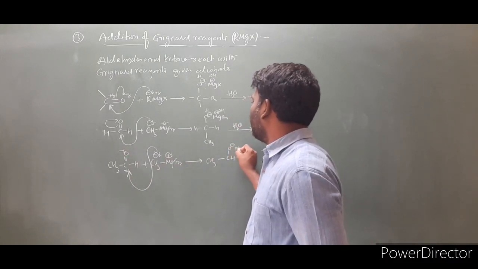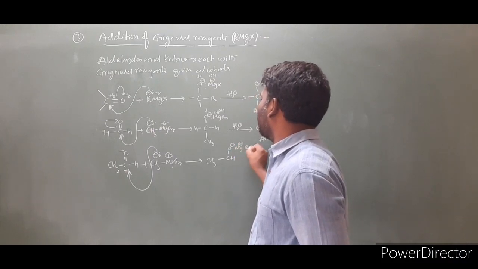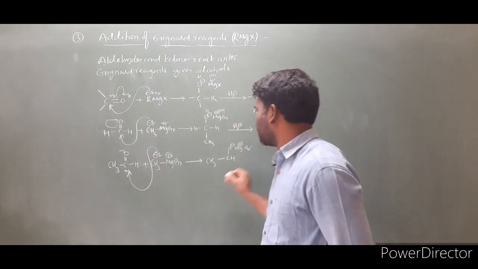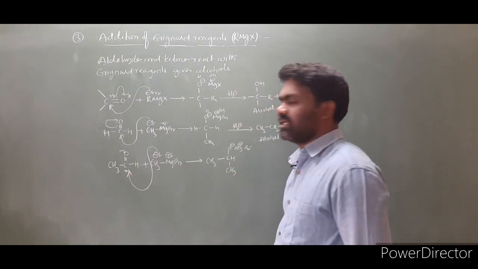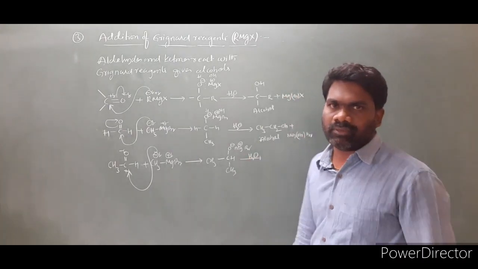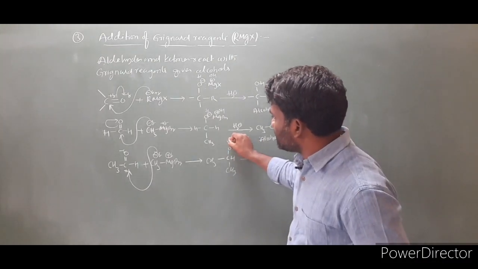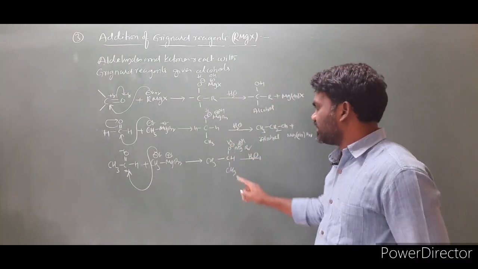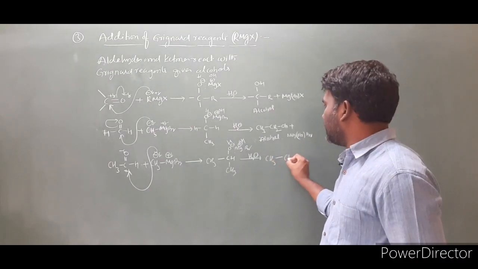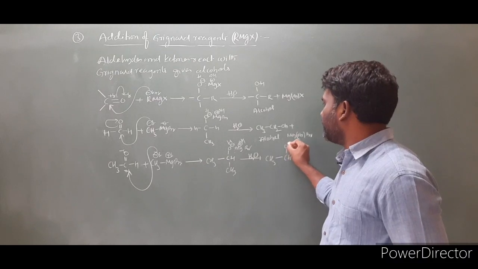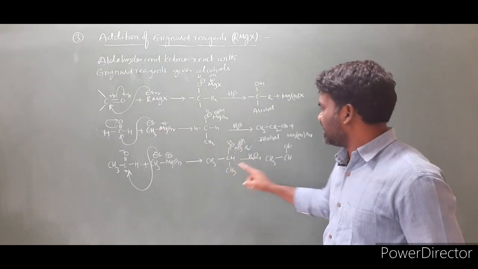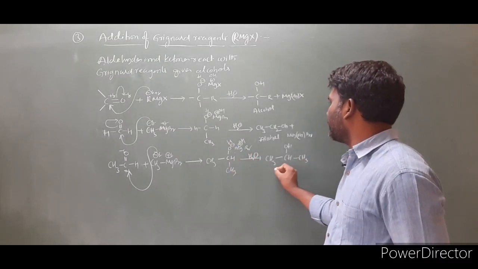The positive part of the reagent, MgBr, will be attached to the O minus. Then the remaining alkyl group CH3 is attached to this carbon. Upon hydrolysis, we add water, H and OH, here. Then the product is CH3 CH OH CH3. So this is also an alcohol.